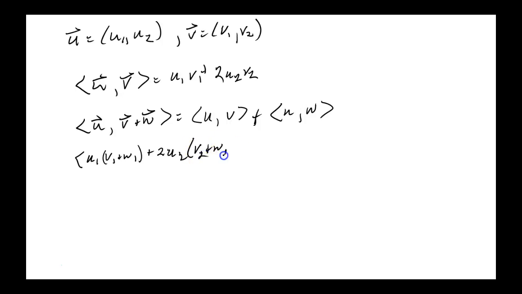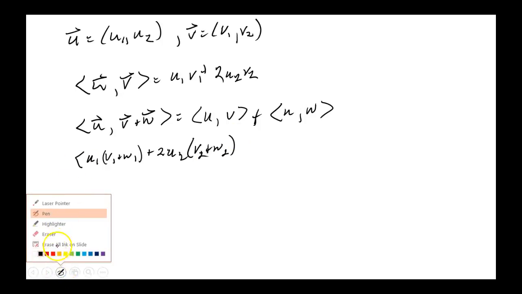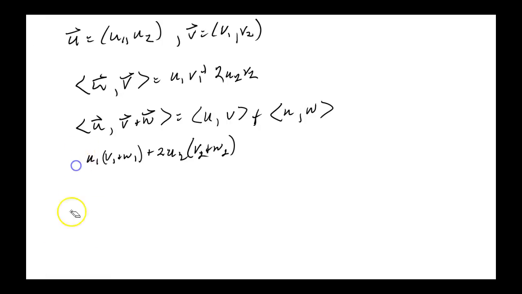Not 2, sorry. I don't think I need the bracket there. So that would be U1 V1 plus U1 W1 plus 2U2 V2 plus 2U2 W2. Right?